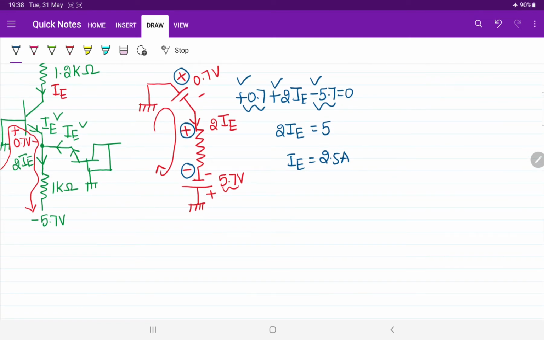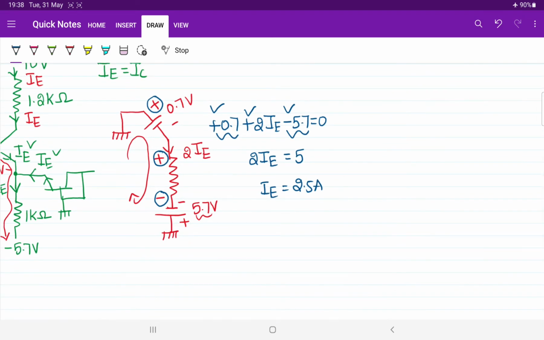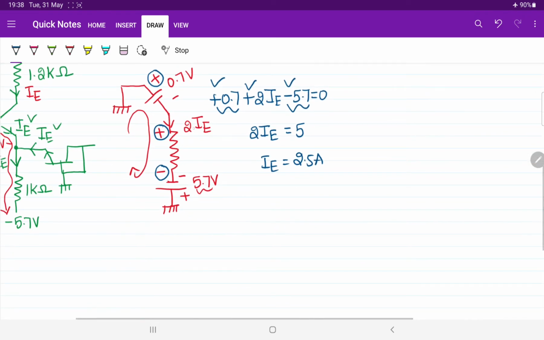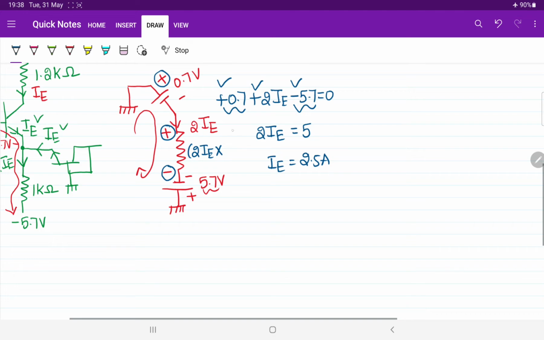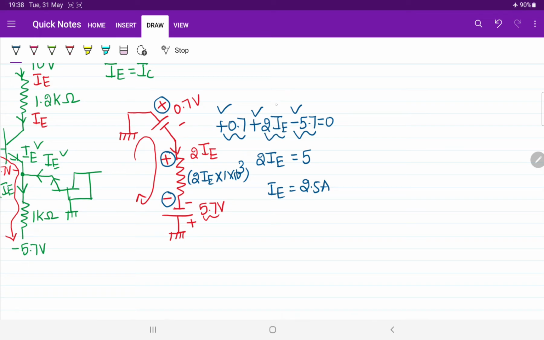Once we found the value of emitter current, actually one minute, I made a mistake. While applying KVL we have to write down the voltage drop, right? I simply wrote 2 times IE into the resistance value, 1 kilo ohm, that is 1 into 10 power 3. We have to consider that because this is simply current. While applying KVL we have to write the voltage expression, the voltage drop across the resistor.